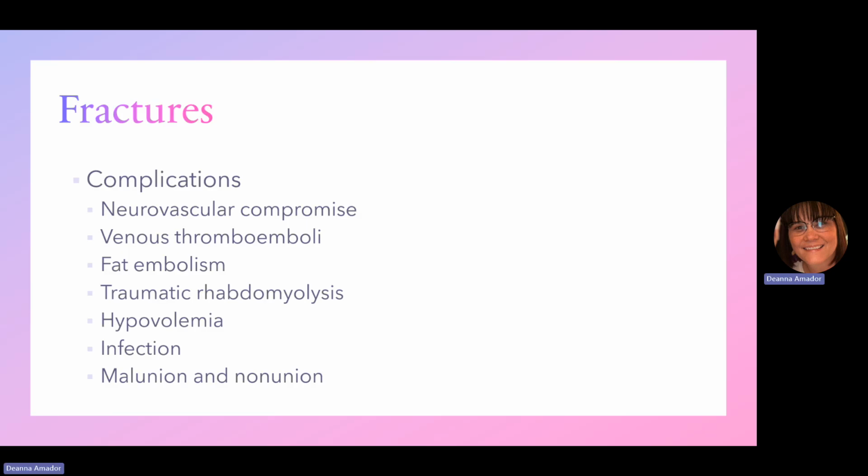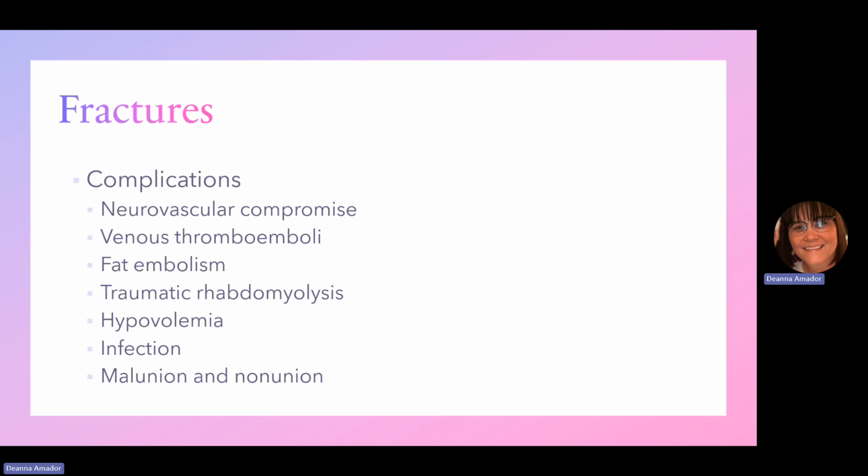Okay, and then this slide goes over other complications that can happen from fractures. Again, you can read through those speaker notes, but a lot of them make sense, from neurovascular compromise from lack of blood, decreased blood flow. You can have thromboembolisms. You can have a fat embolism from long bone fractures.